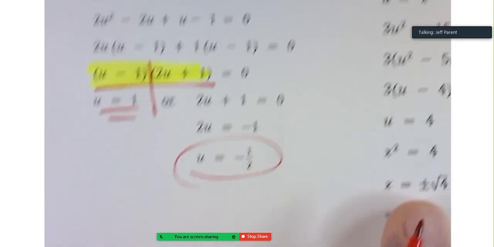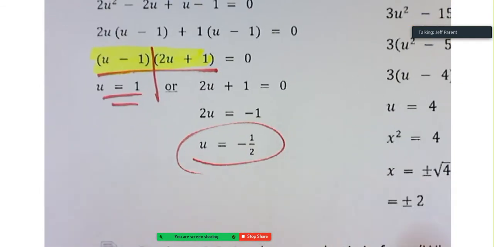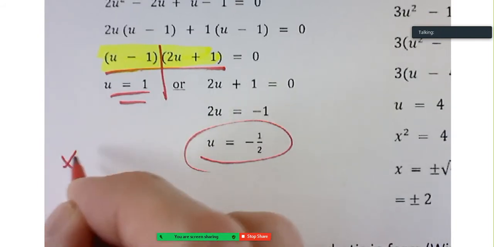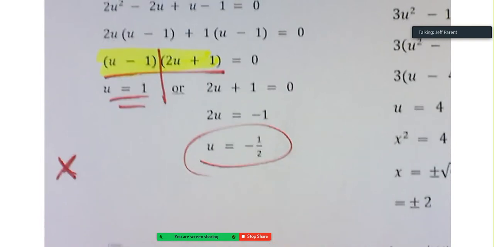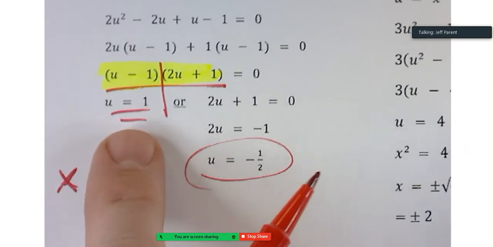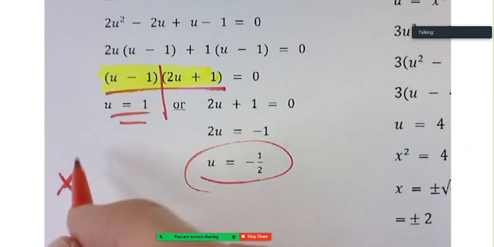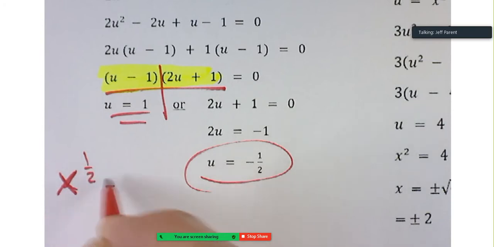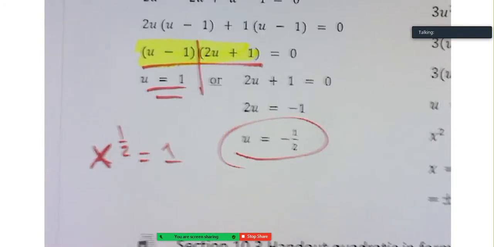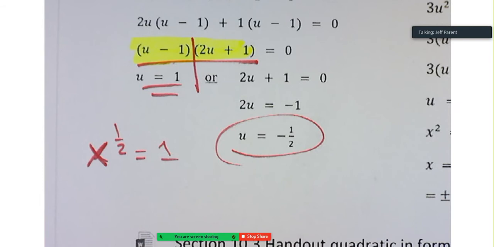Now I'm not done solving yet, because remember my original equation was an equation in x. So now I'm going to go back and say, this was really x to the 1/2. And I need to get x by itself.